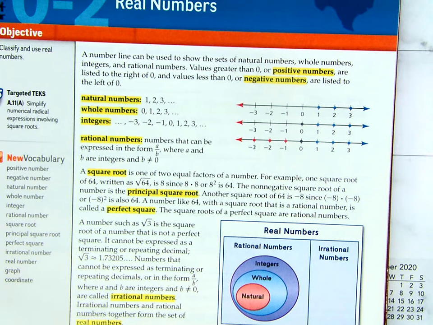Natural numbers and whole numbers are exactly the same thing, except whole numbers include 0. If 0 is included, then that means it's whole numbers. If 0 is not included, you can't hold up, I guess you can hold up 0 fingers, but you can't count 0 fingers.